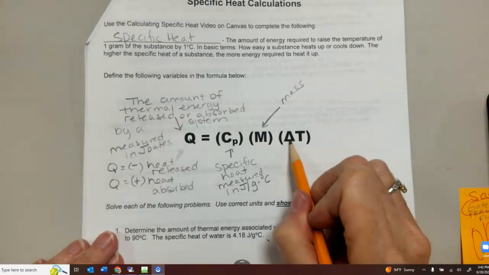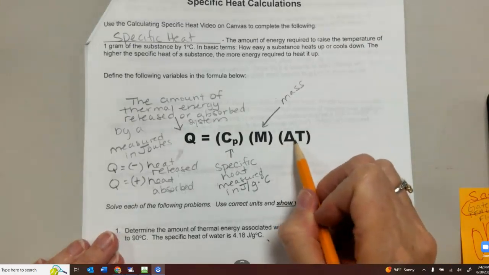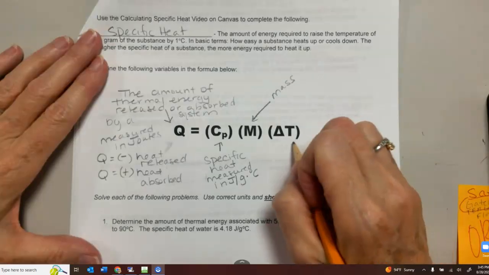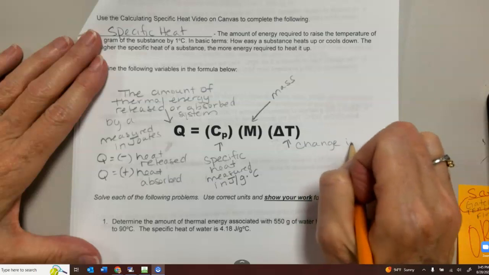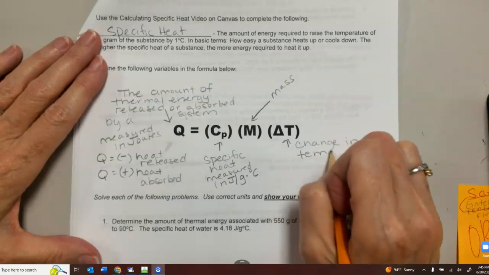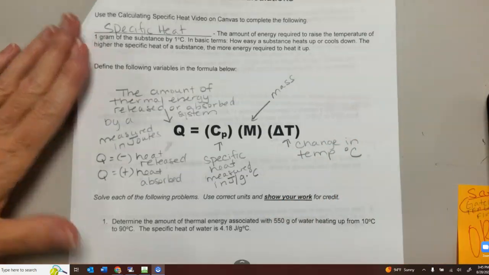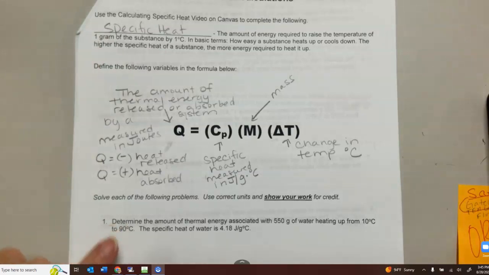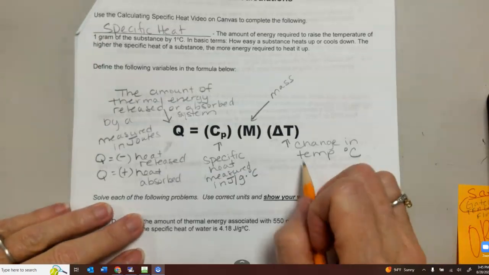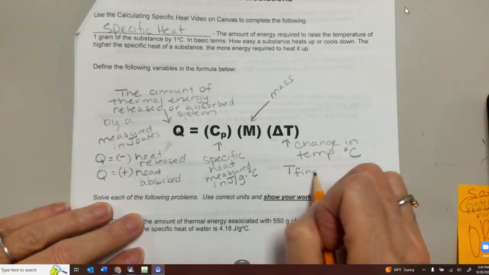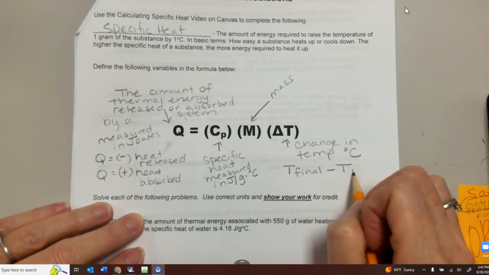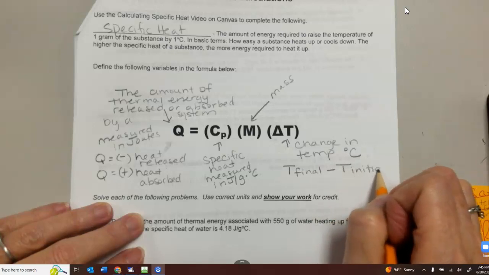And then this is called delta T, change in temperature, and this is going to be in degrees Celsius. So how do I solve for this? Delta T equals the final temperature minus the initial temperature.